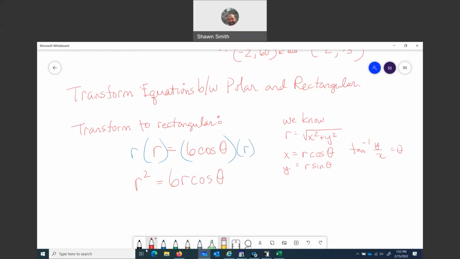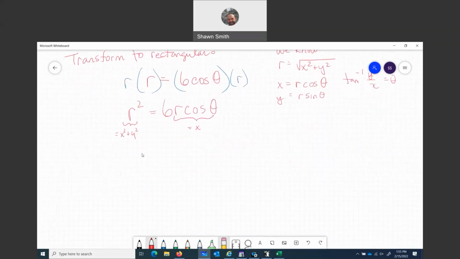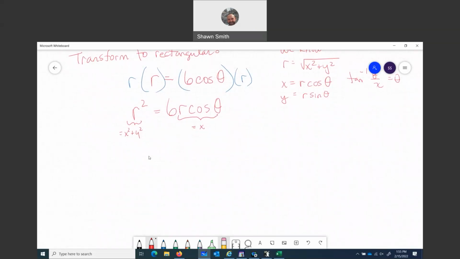Now I make my substitutions for x's and y's because I have my formulas, right? Here, that equals x. Here, this equals x squared plus y squared. So I have x squared plus y squared is equal to 6x.